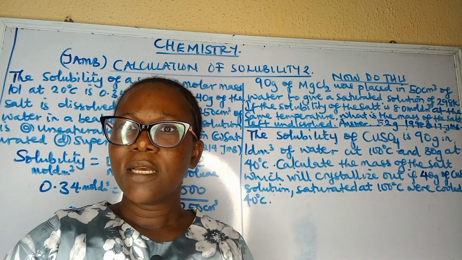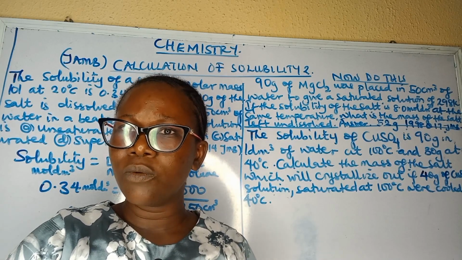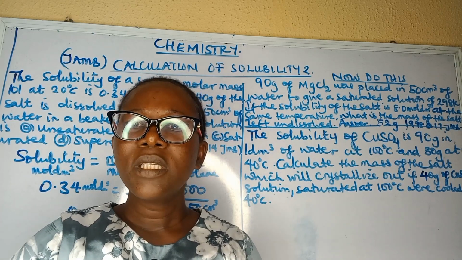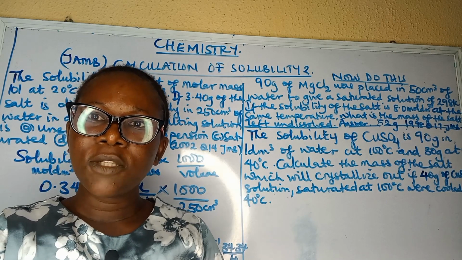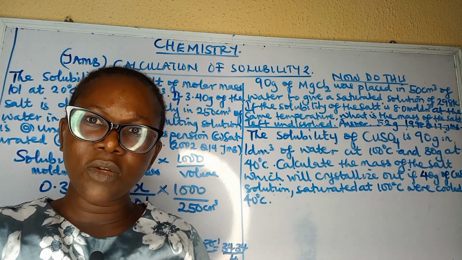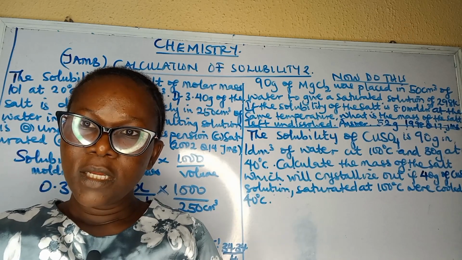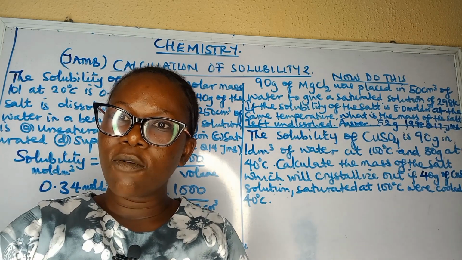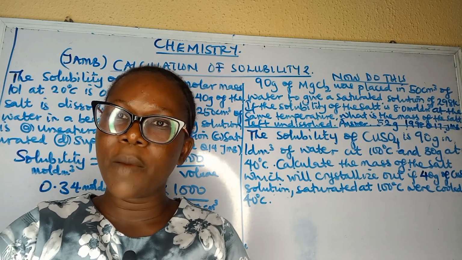But once the solution starts cooling, the solutes that were forced to dissolve by increasing the temperature will start crystallizing out again. They will appear again, especially where there is a scratch in the container. They will pile up there and crystallize to form the salt again.